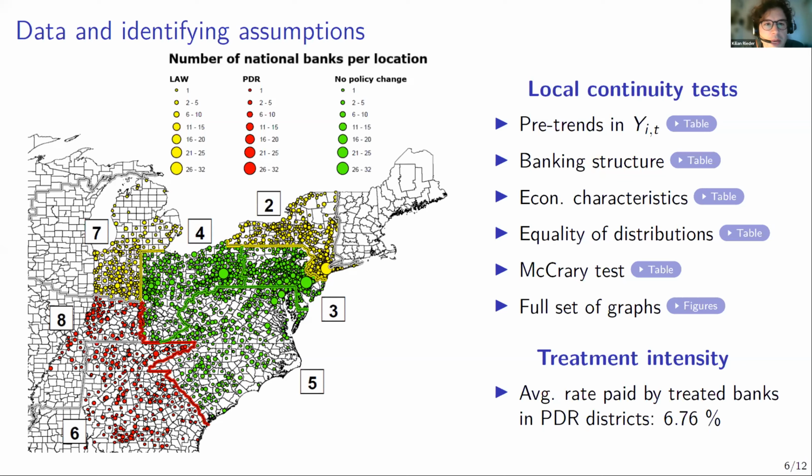I'm not going to go into detail with regard to the tests because of time constraints, but what I want to mention is that the treatment intensity of the two policies was relatively comparable, and that's obviously important for the purposes of this paper. So the average rate paid by treated banks in the PDR districts was about 7% actually, 6.76, so relatively similar to the uniform rate hike.